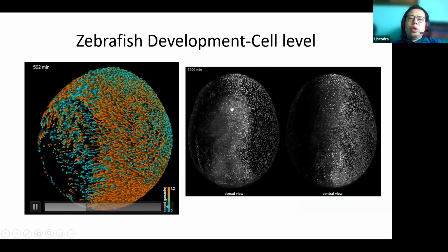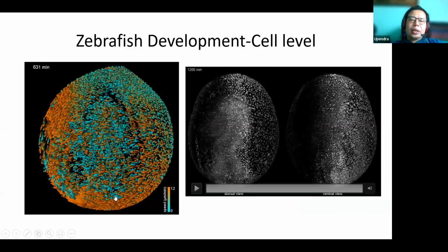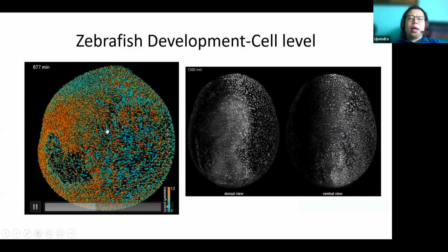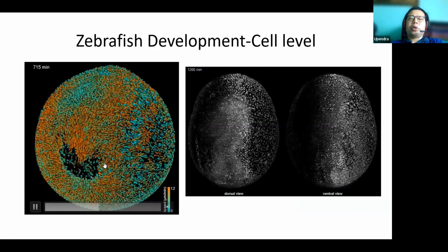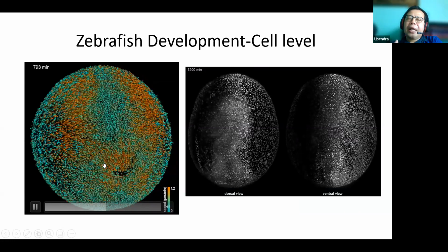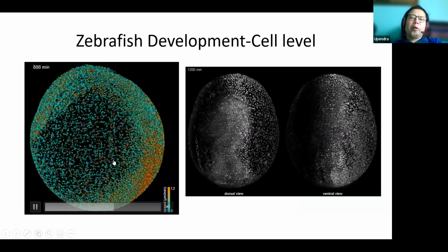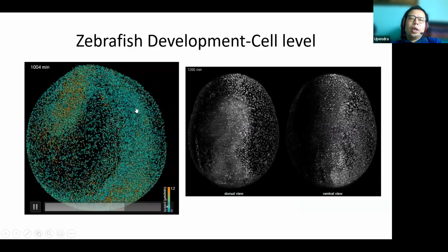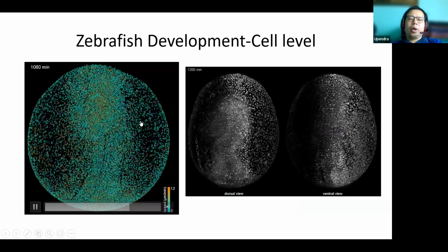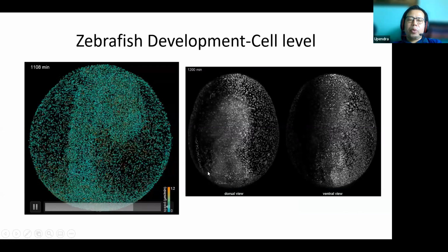So you look at it, some will be anterior, some will be posterior, and from all these things, now the question comes: which will form the eyes, which will form the muscles? Because the ones which are here will form the muscles and the neurons, and the brain will be here, right? Okay, I'm sorry, the pointer is not there.